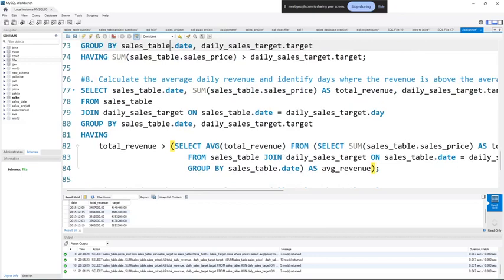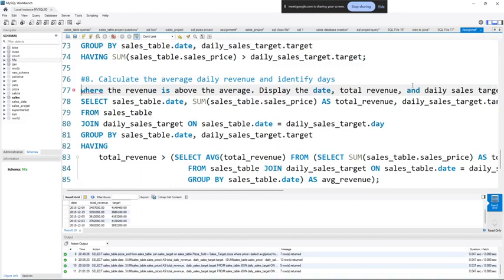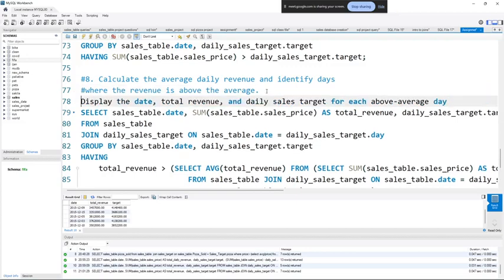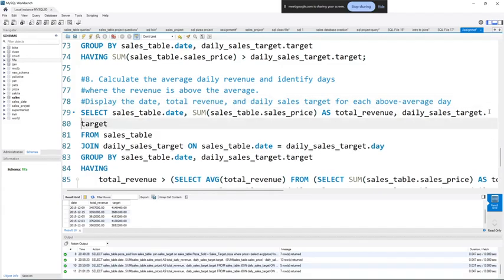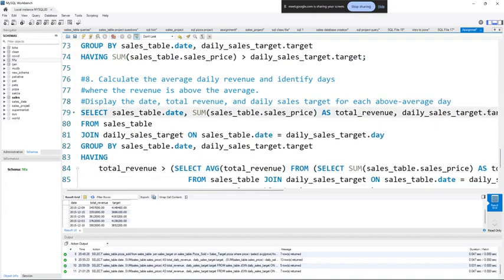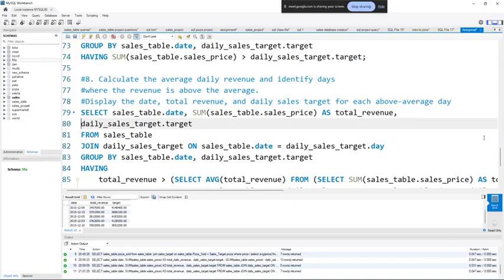Now, question 8. Calculate the average daily revenue.